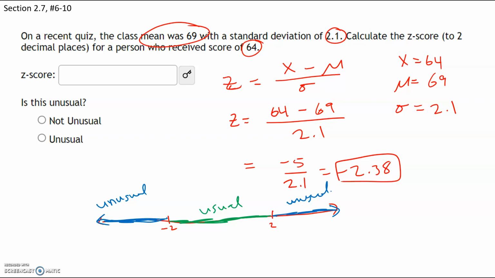Now our z-score, negative 2.38, is somewhere over here. That's less than negative 2. So if your z-score is less than negative 2 or greater than positive 2, then it's unusual. And since negative 2.38 is less than negative 2, we're going to say that the z-score is unusually low.